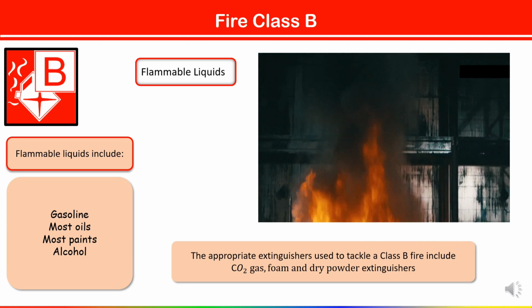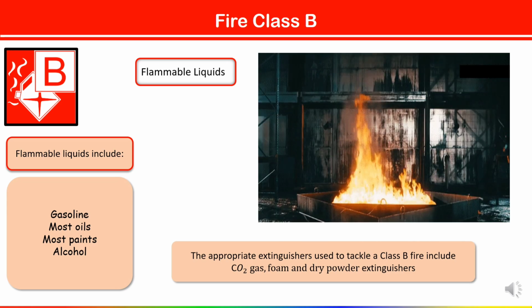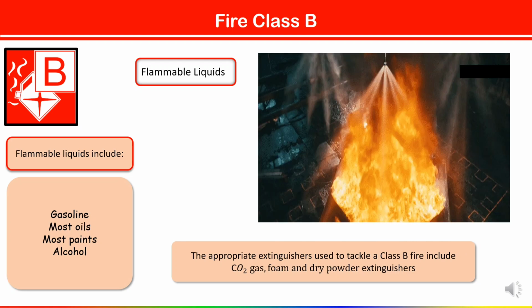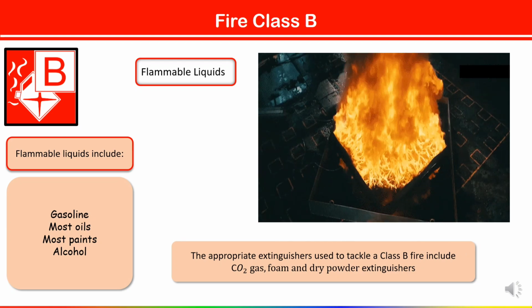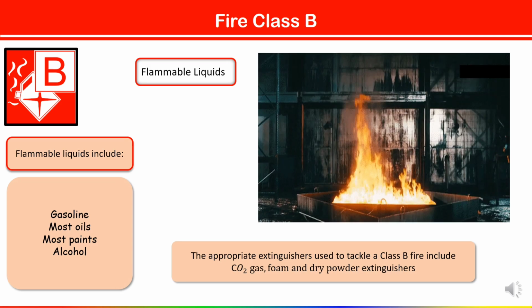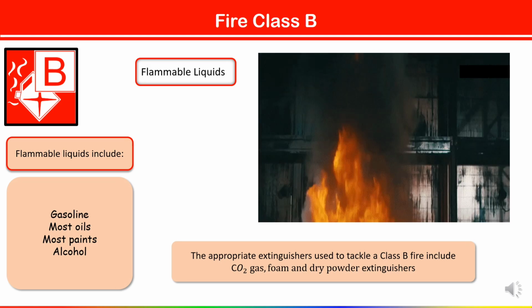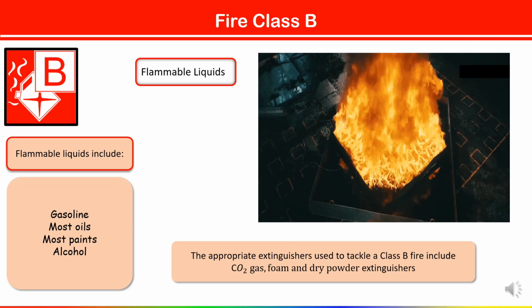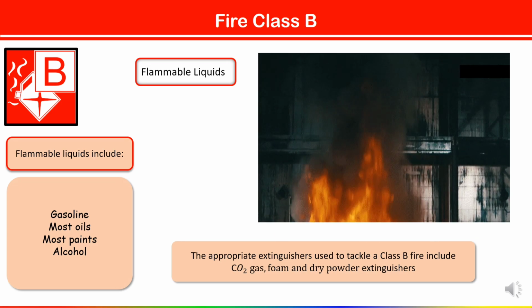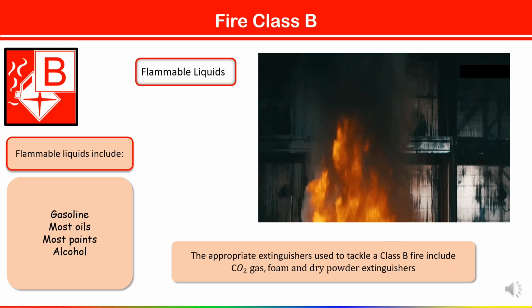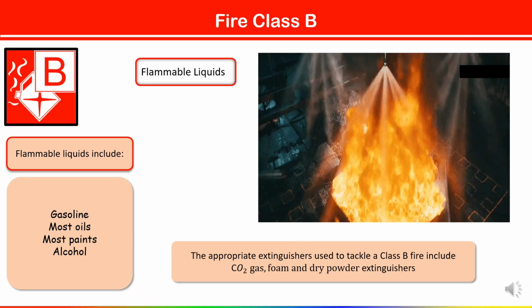So it is given, the appropriate extinguishers used to tackle a class B fire include CO2 gas, foam and dry powder extinguisher. You can go for foam extinguisher, because foam is effective for class B fire because it creates a barrier over the flammable liquid surface, smothering the flame and stopping vapor from escaping.